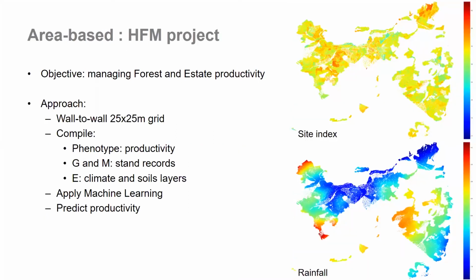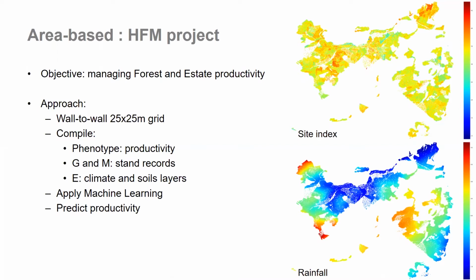So in our area-based phenotyping project with Hancock's, the objective was to look at managing forest and estate productivity. The approach was to compile a wall-to-wall high-resolution grid of data at a 25-metre scale, and that data set is compiled by assembling information from three main sources.